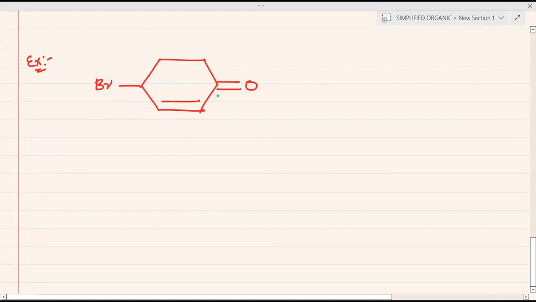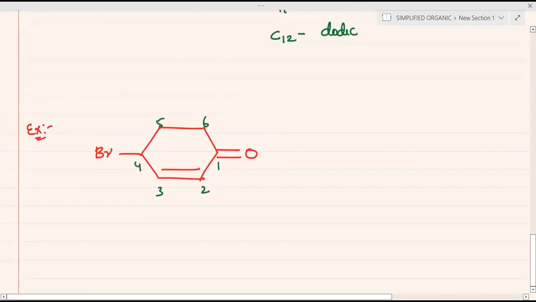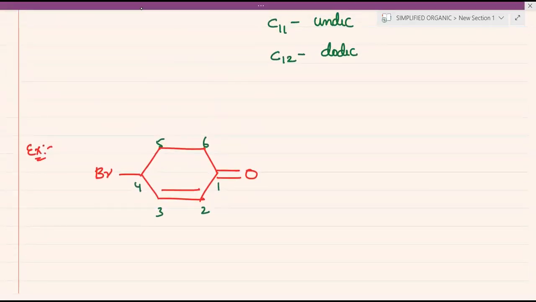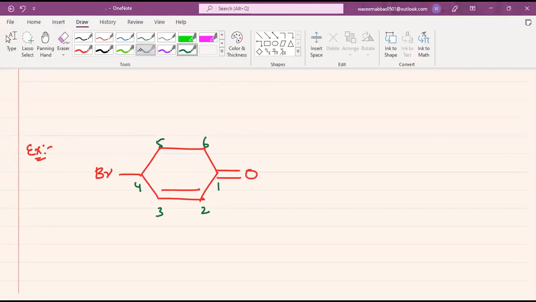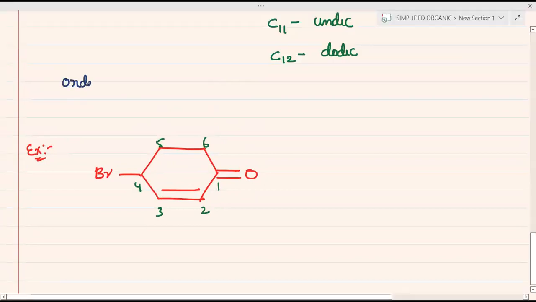So I'll start numbering from here: 1, 2, 3, 4, 5, 6. Now, why have I started numbering from ketone? To know this, you have to know the concept of order of priority of these parts, which I have discussed just now.